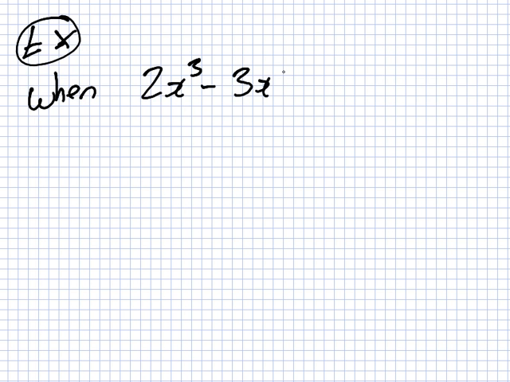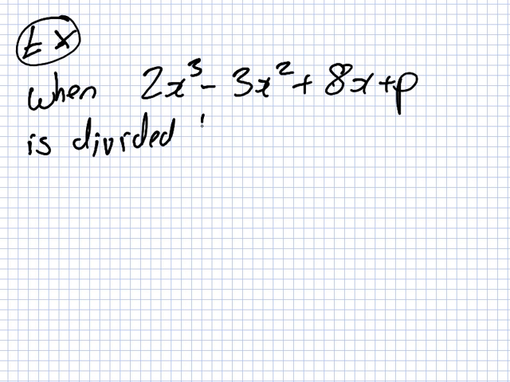Okay, try this one. When 2x cubed minus 3x squared plus 8x plus p is divided by x minus 1, the remainder is, let's say, 2.